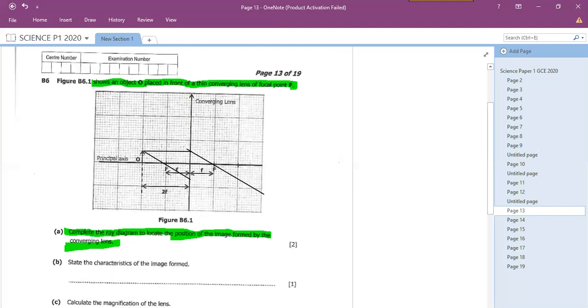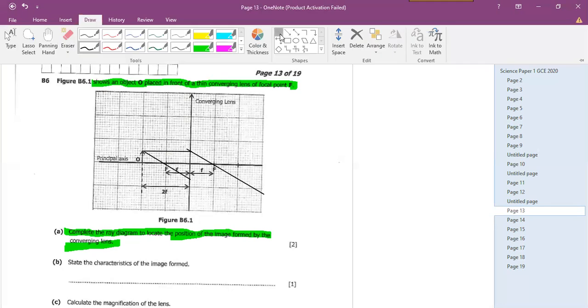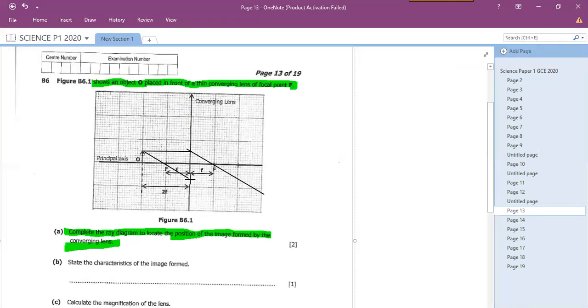Then your next arrow from the lens will again be parallel to the principal axis. The principal axis, again, is like this x-axis, this horizontal line there. So I'm going to draw another ray which is directly parallel to the principal axis, like so.